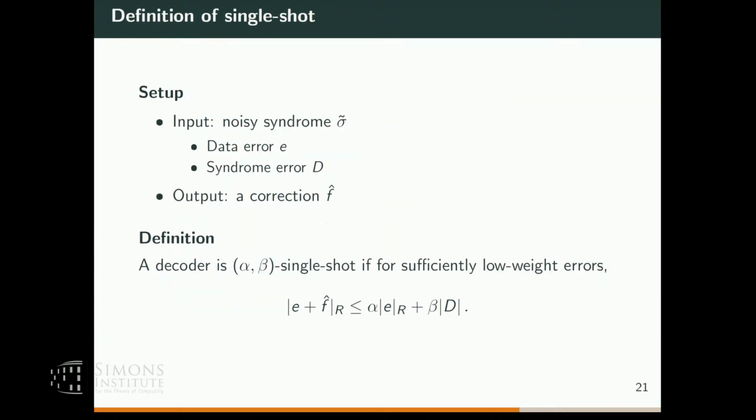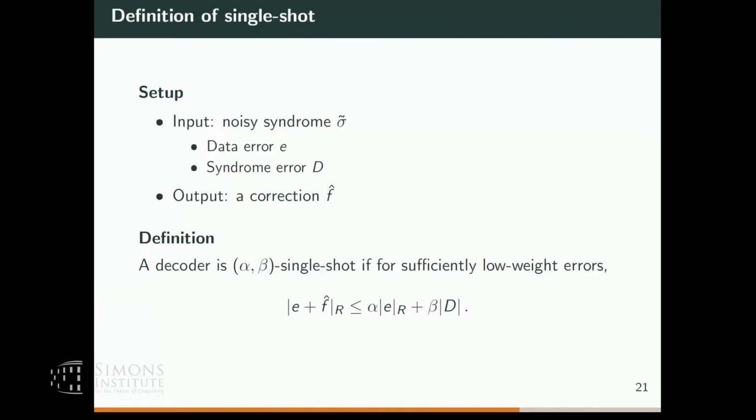Okay. So here I can present a more specific definition of single shot that we use. Again, we're given as input some noisy syndrome, which is coming from a data error E, but also the syndrome error D. And we want to, again, output F hat. We say that the decoder is single shot with parameters alpha, beta if, for sufficiently low weight errors, the residual error is bounded by alpha times the initial data error size, plus beta times the weight of the syndrome error.